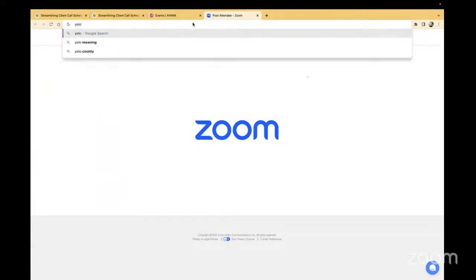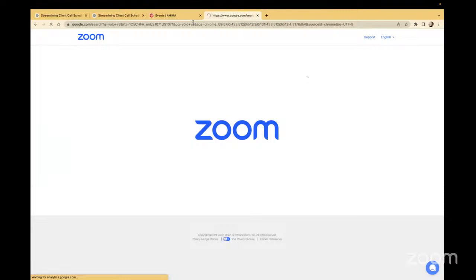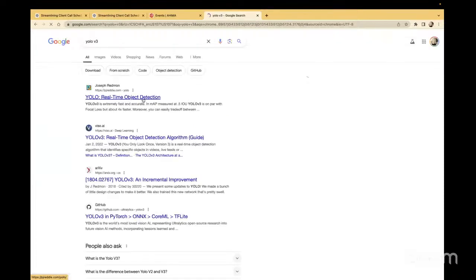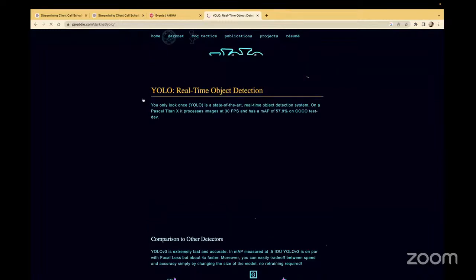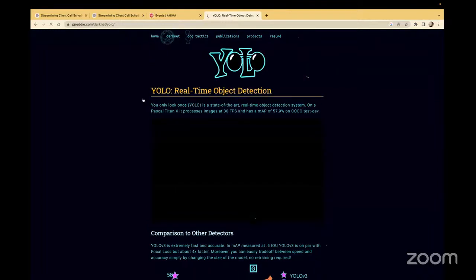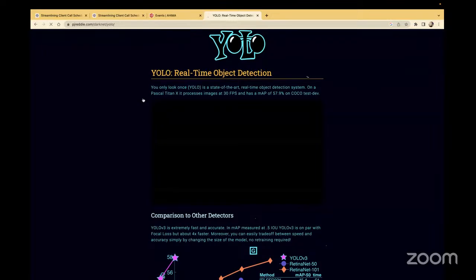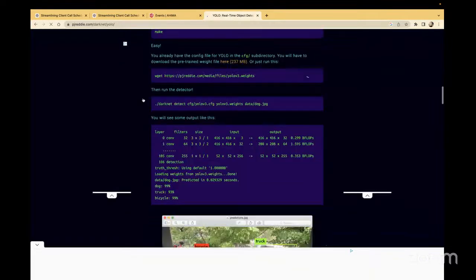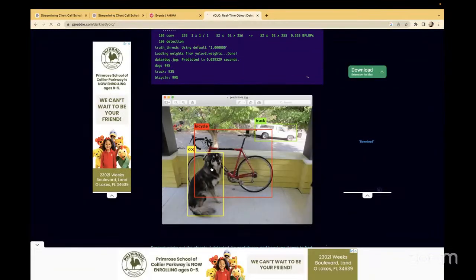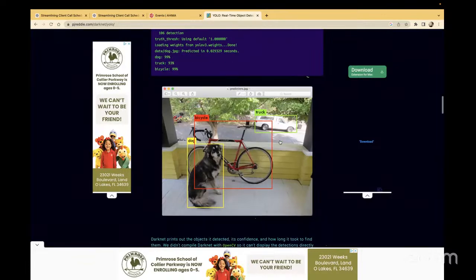I'll just show you. YOLO V3, real-time object detection. This is one of the very famous solutions that is out there. Using YOLO, you can determine different objects. Objects means anything. You can see bicycle, dog, truck, everything.